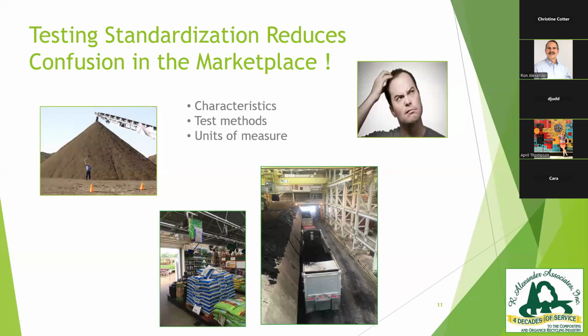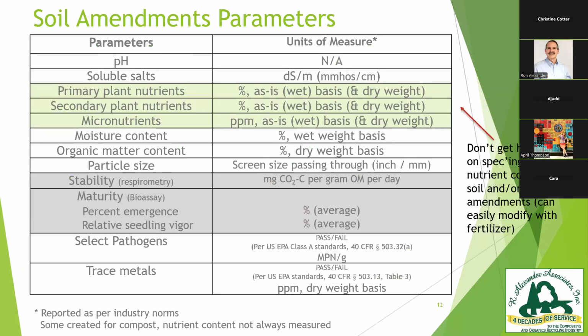If you test for the same characteristics and you use the same units of measure to report it, the same test methods in the labs, we can now, for landscape architects, for engineers who could be doing work all throughout the United States, look at products and compare them from 5 states away and have a better understanding of what they are. So what are the things we're typically testing for today when it comes to soil amendments?